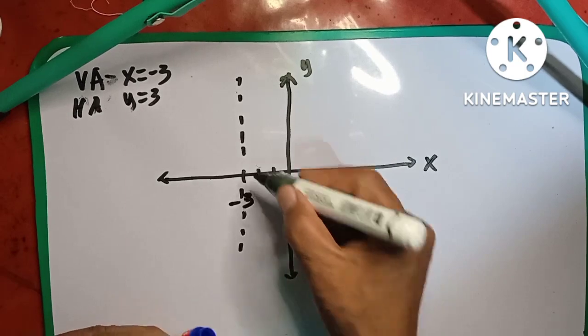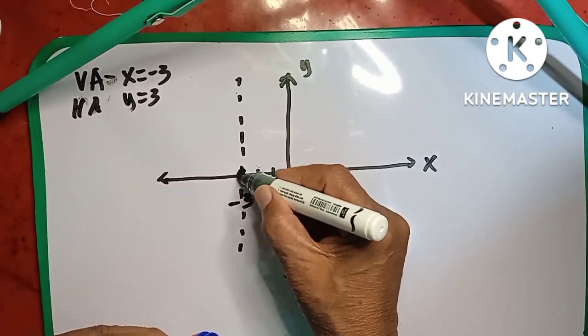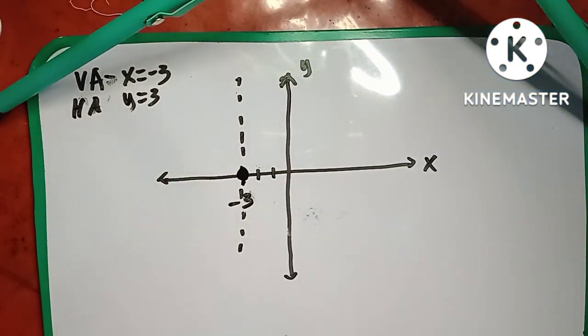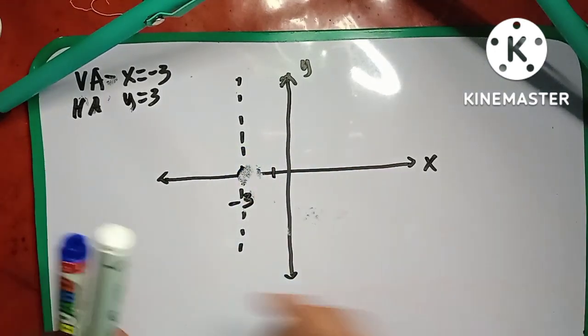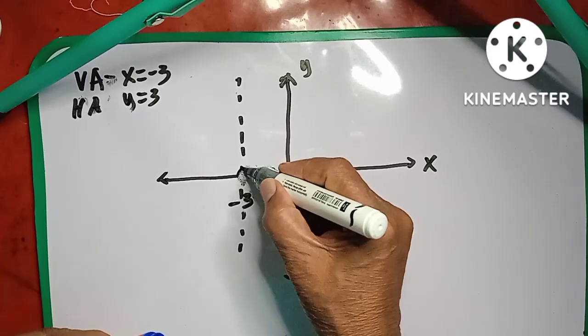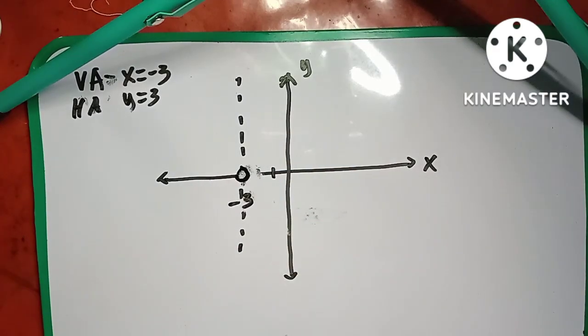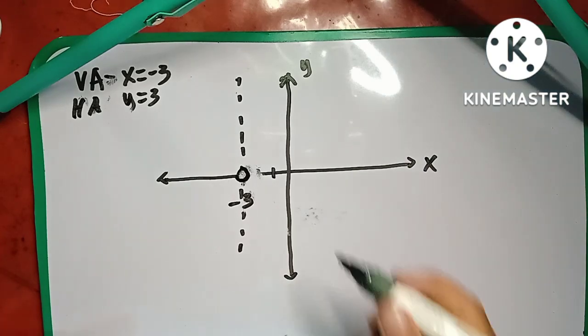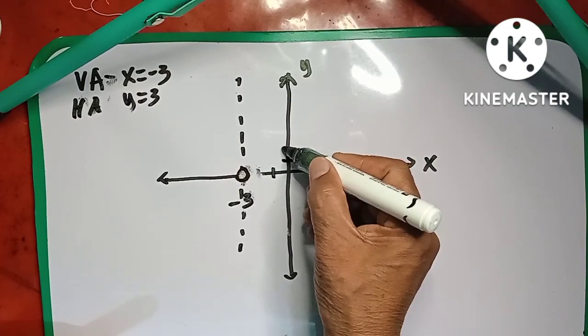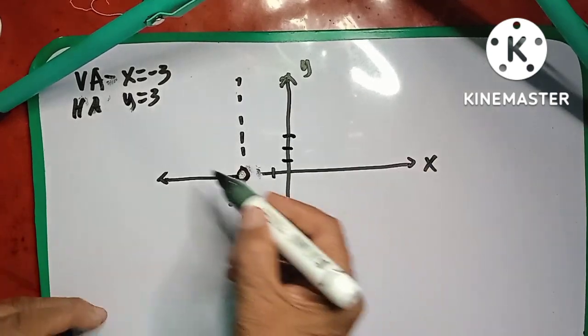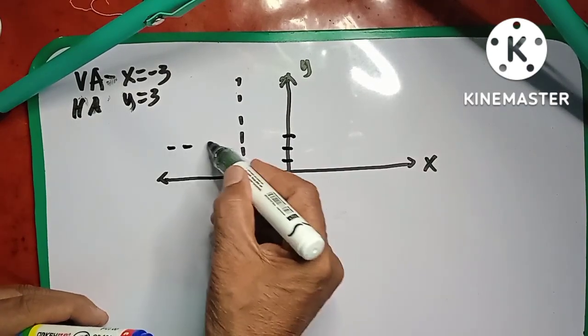It is excluded. And also, the horizontal asymptote is at 3. So 1, 2, 3.